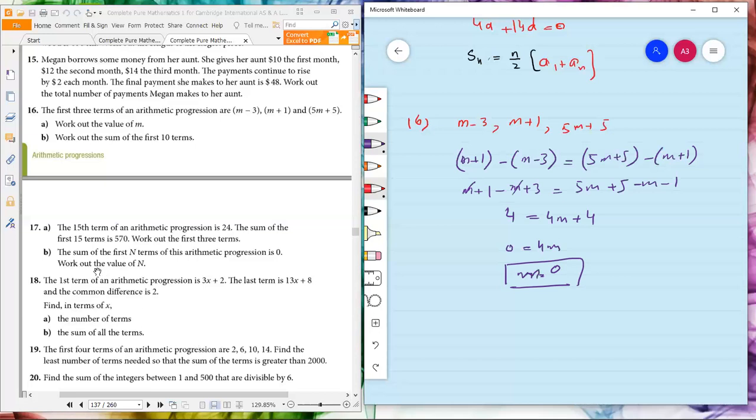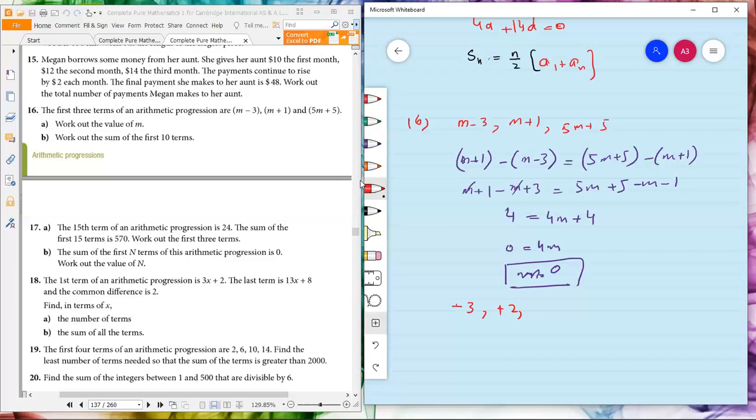In the next part, he said work out the sum of the first n terms of this arithmetic progression. For this value of m, find the sum of the first 10 terms. You just put the value in.